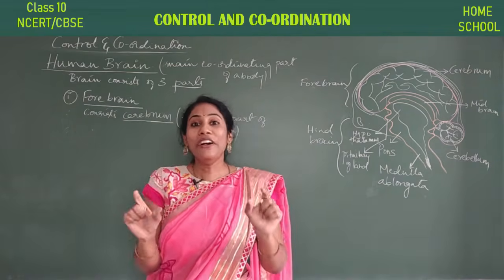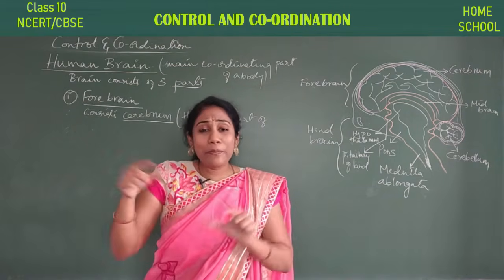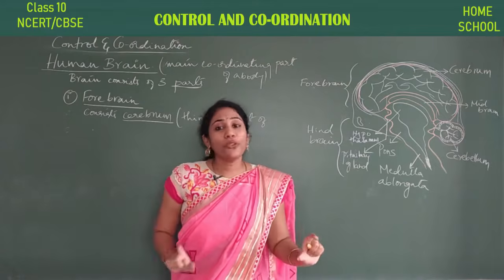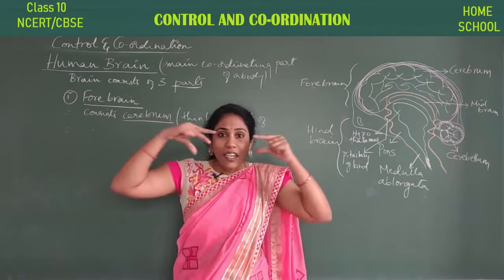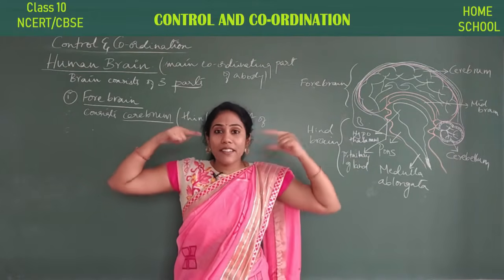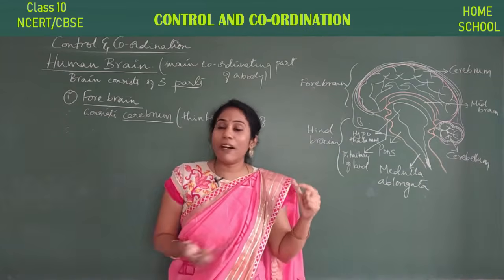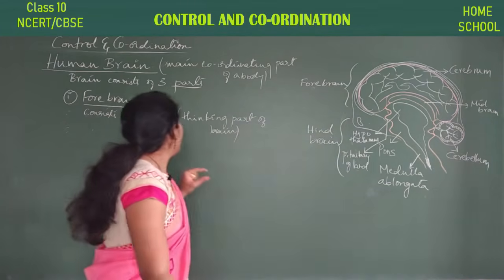Its weight is about 1.3 kgs and it is made up of millions of neurons. Many nerves, especially the cranial nerves, come out from the brain.